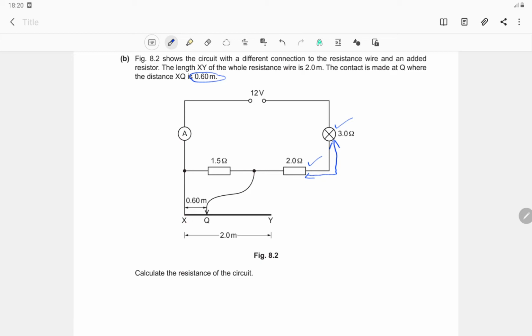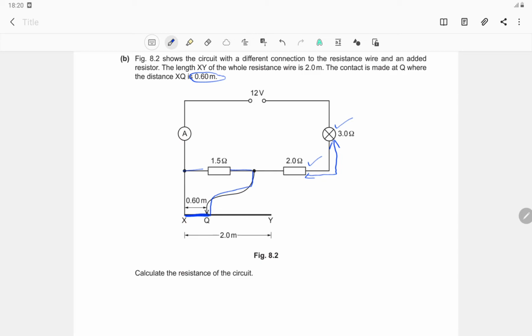So both the resistors are connected in series, and after that there is a 1.5 ohm resistor which is connected with another wire with a resistance of that wire. This wire has a particular resistance and its length is 0.60 meter.